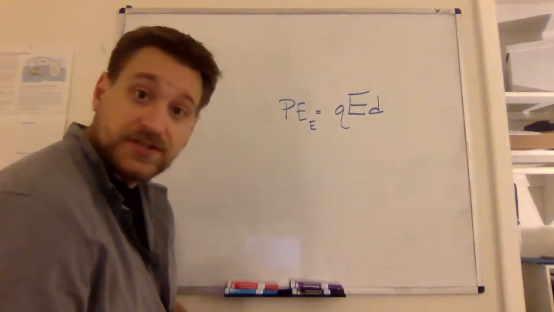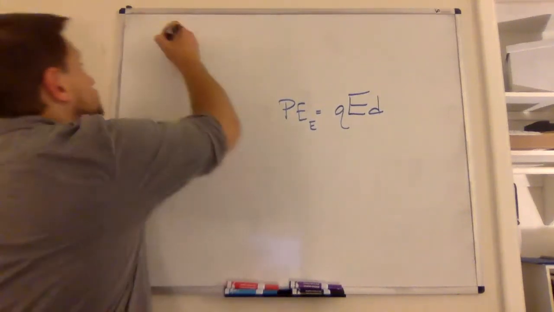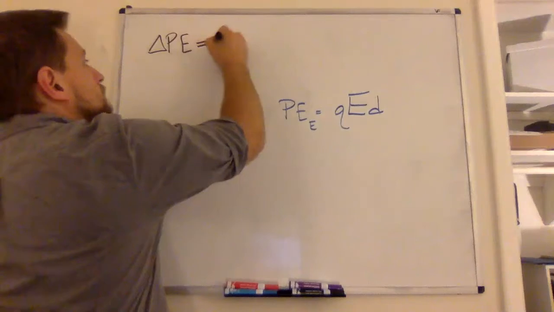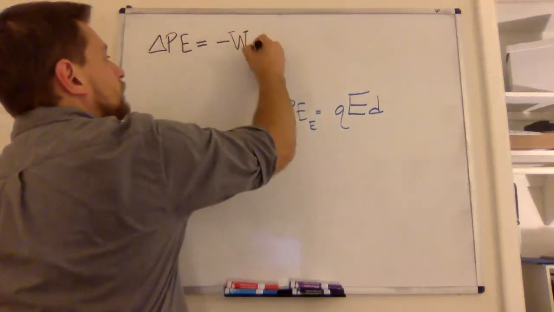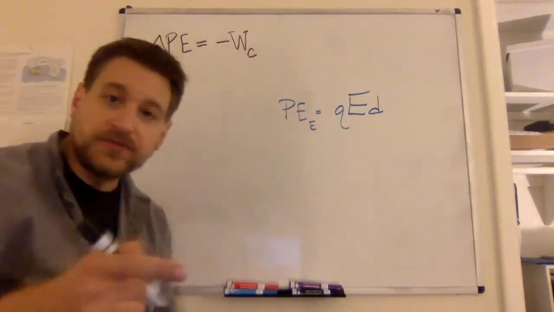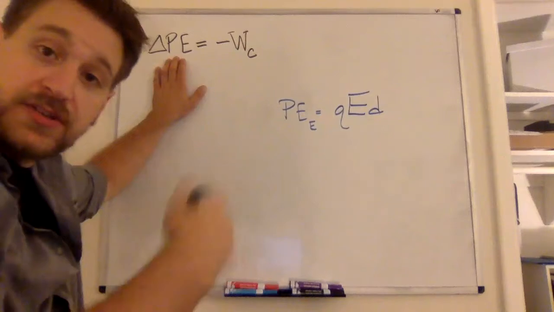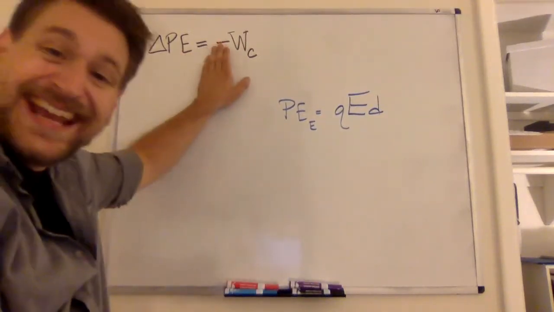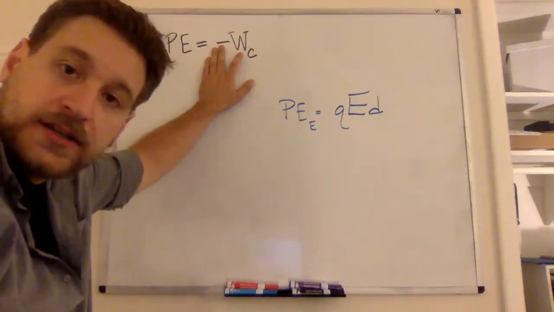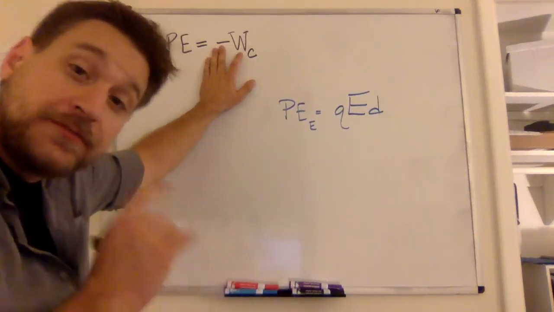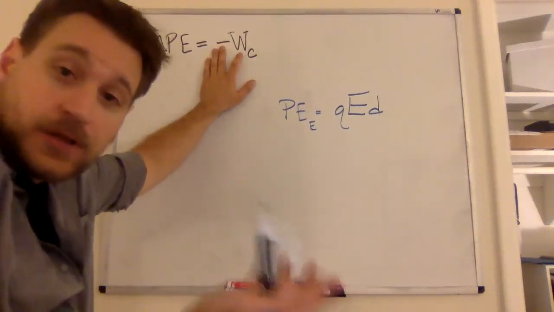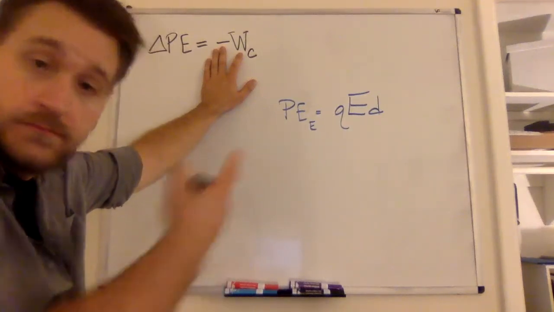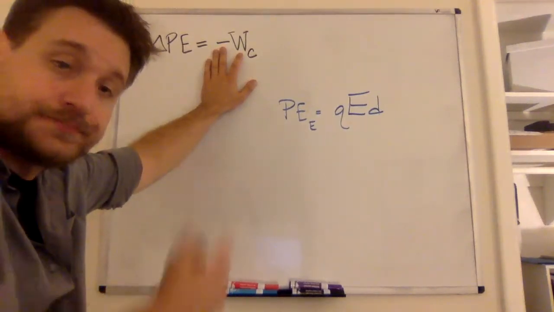Back in Physics 201, we defined the change in potential energy of an object in a configuration as the negative of the work done by a conservative force during some sort of move. We could do the same thing here.